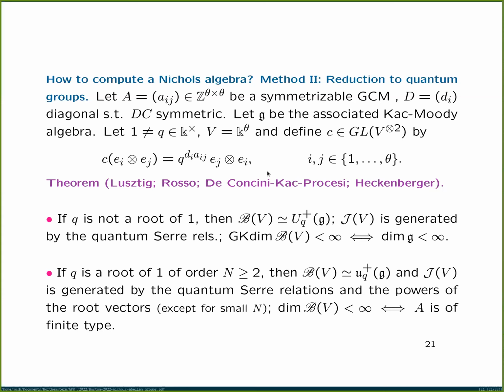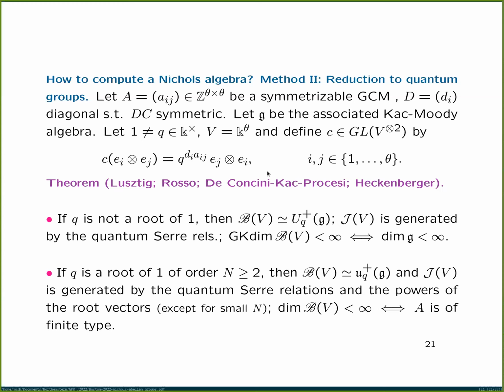For instance, De Concini-Kac-Procesi we use for the second part. Heckenberger realized the second part without any restrictions on the order, because usually one says q should be of odd order and relatively prime to 3 if you have a copy of G2, but all this is not necessary, as shown by Heckenberger.